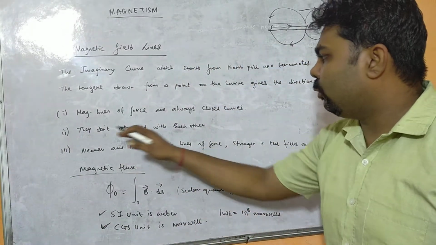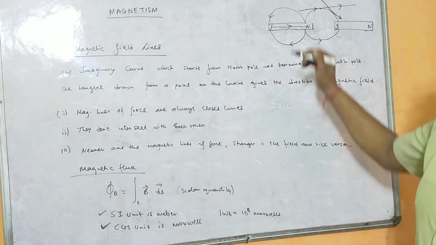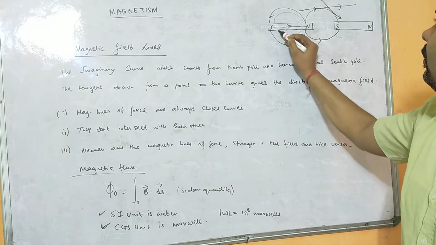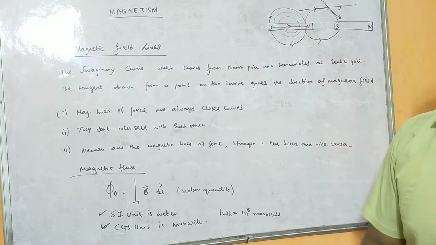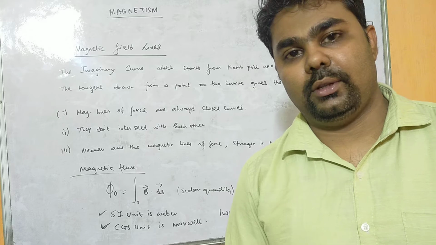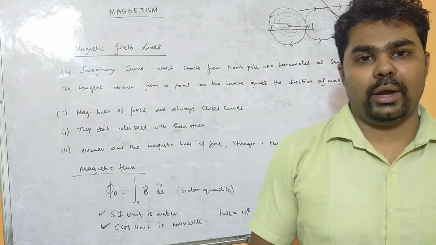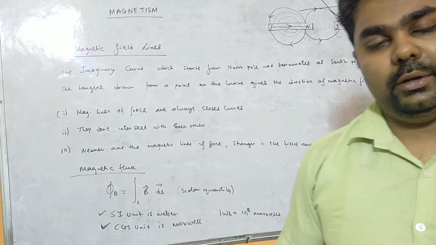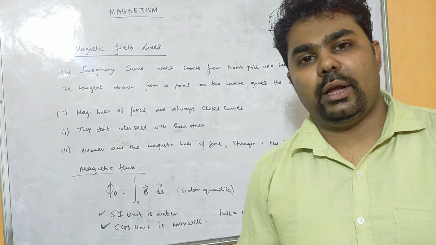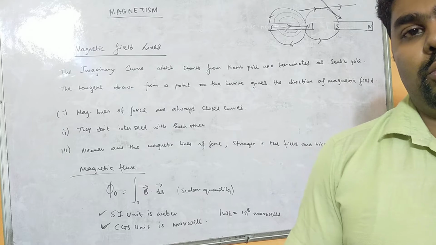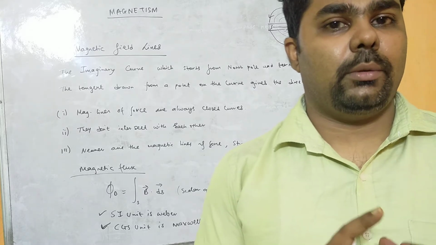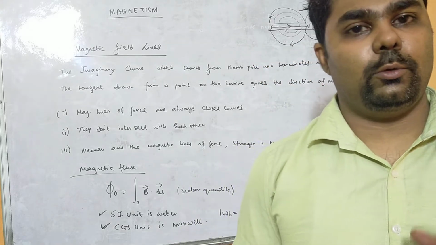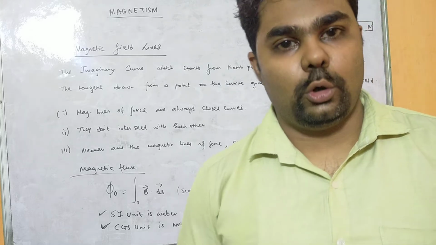Next we find that they do not intersect with each other. If numerous magnetic lines of force are there, they will not intersect with each other. Now we know the reason why they don't intersect, similar to electric field lines. If two magnetic lines of force intersect each other, then at the point of intersection there will be two directions of magnetic field, which is not possible.